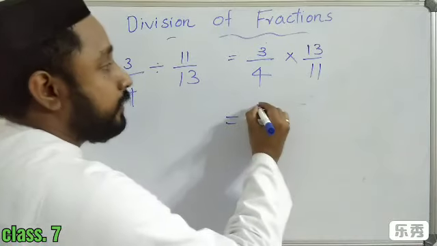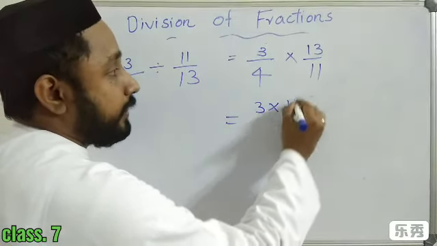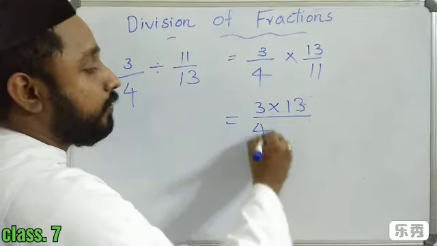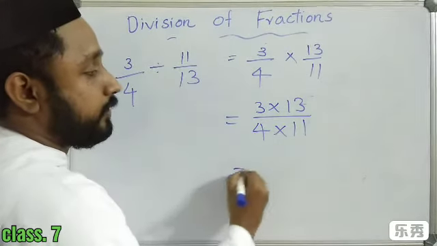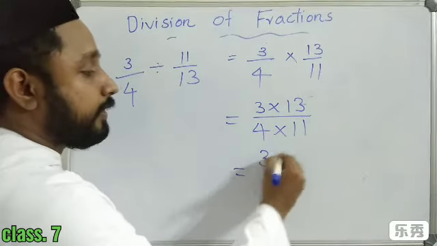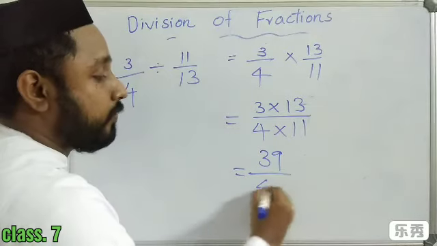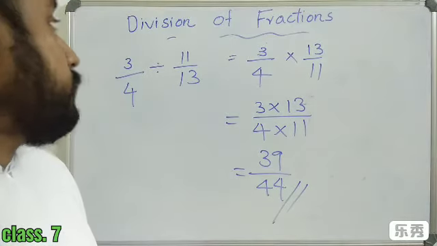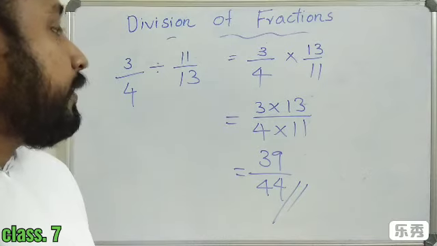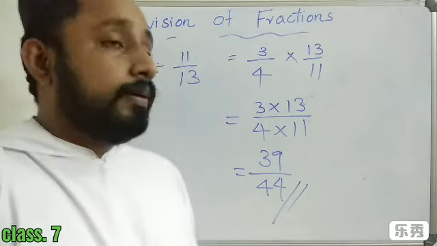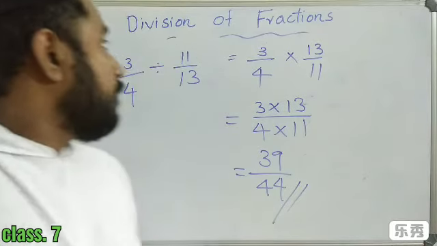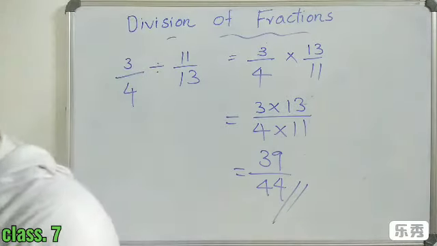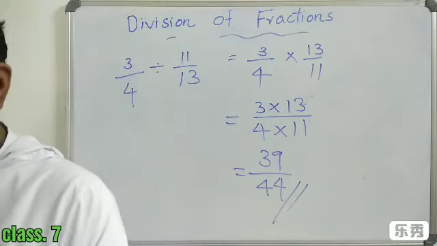Multiply the numerators, that is 3 into 13 by 4 into 11, which is equal to 3 into 13, 39, and 4 into 11, 44. So 39 by 44. So 3 by 4 divided by 11 by 13 is equal to 39 by 44. So we can easily divide two fractions. Let us do some questions.